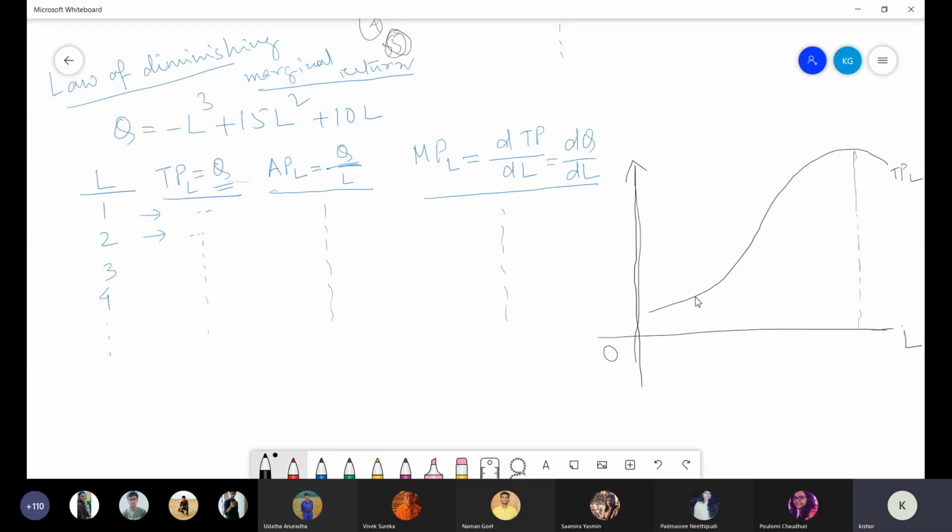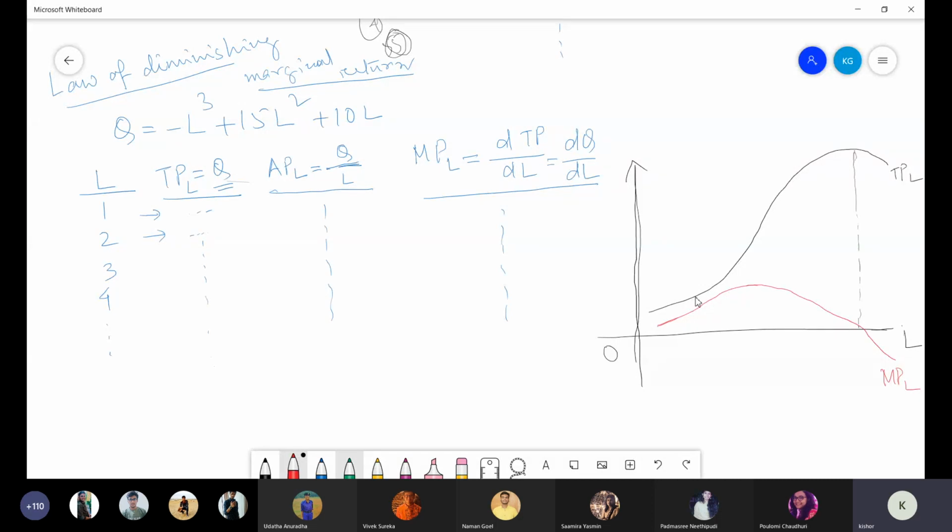With respect to marginal product, this diagram is not very good, but you may find this kind of shape.